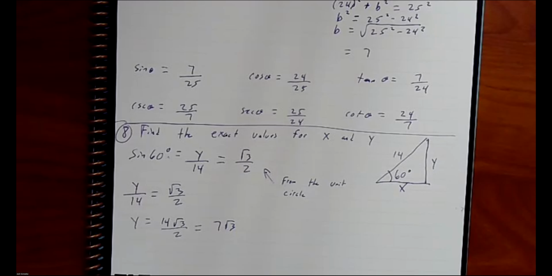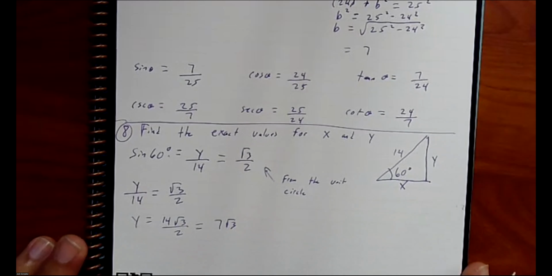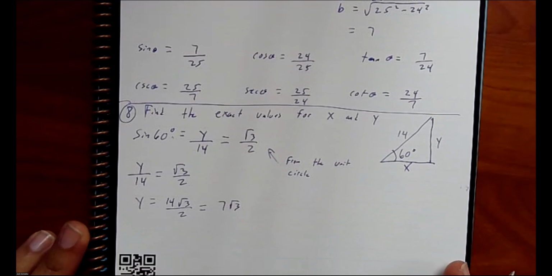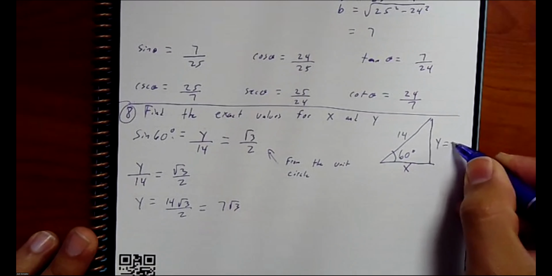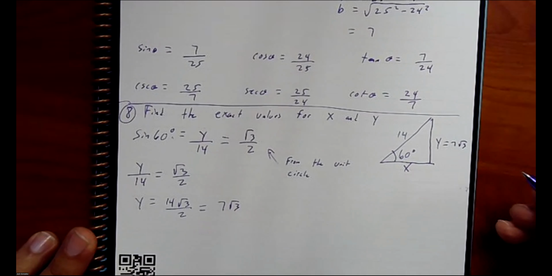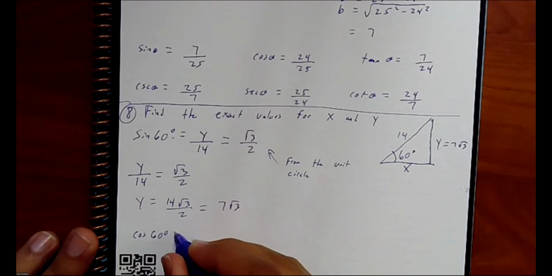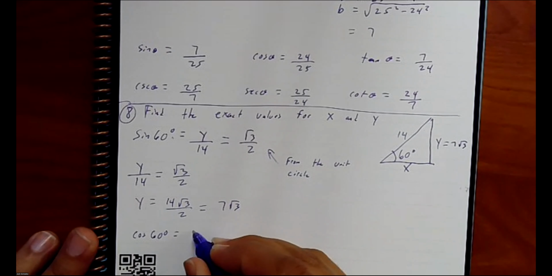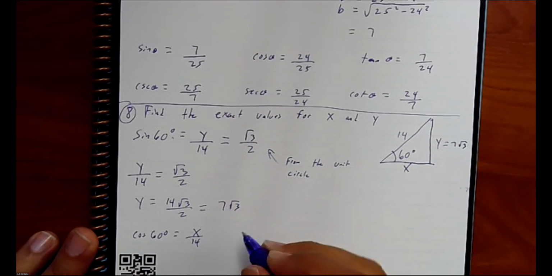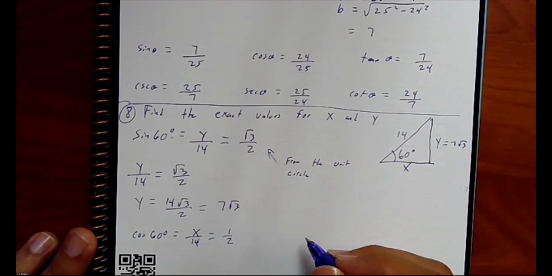All right, so if we want to solve for x, let's just use the same technique, right? Now that we have y, cosine of 60 is equal to adjacent over hypotenuse, so x over 14, which is equal to 1/2 because of the unit circle, right?